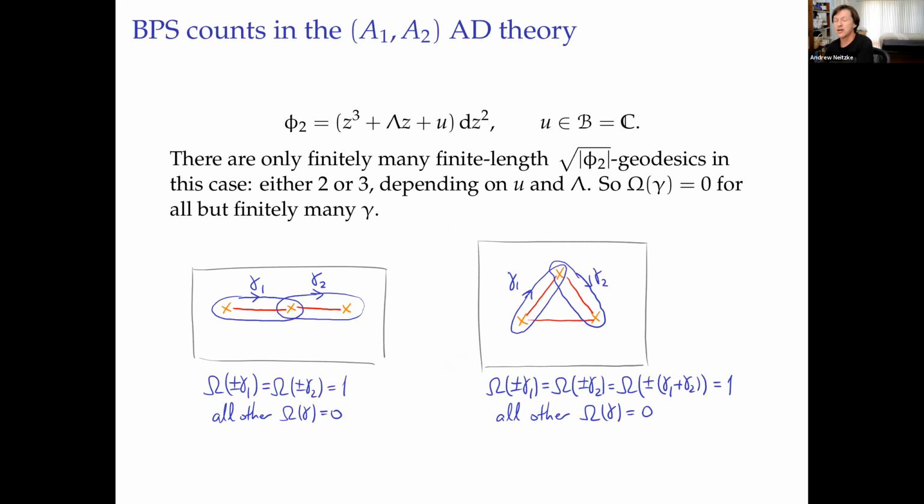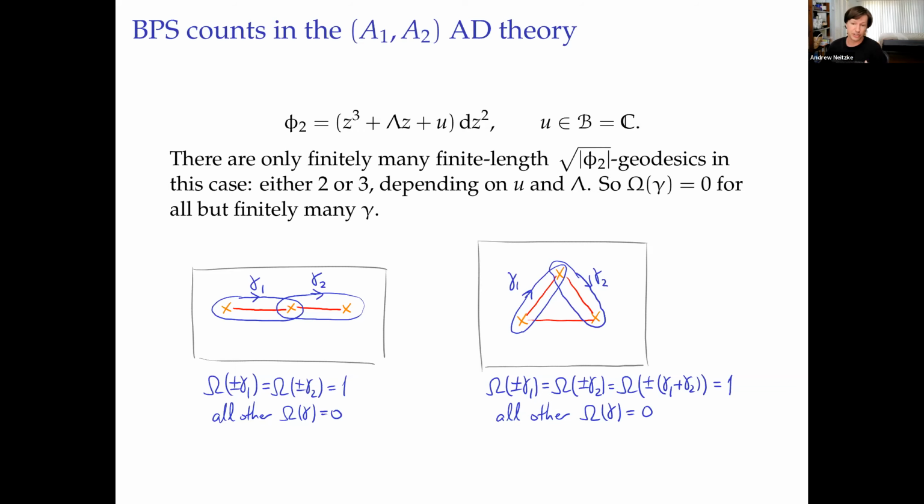And then you could ask, what are these BPS counts in this example? Here it turns out to depend on what the parameter u is. It depends on how the zeros of this quadratic differential are lined up. And depending on the parameter, there can be either 2 or 3. For example, on the left, I drew a situation where there's just 2 finite length geodesics, one in class gamma 1 and one in class gamma 2.